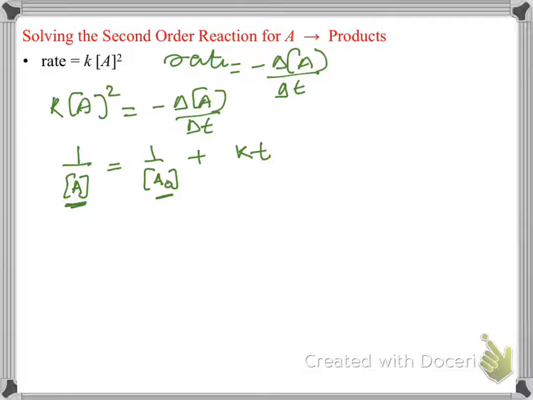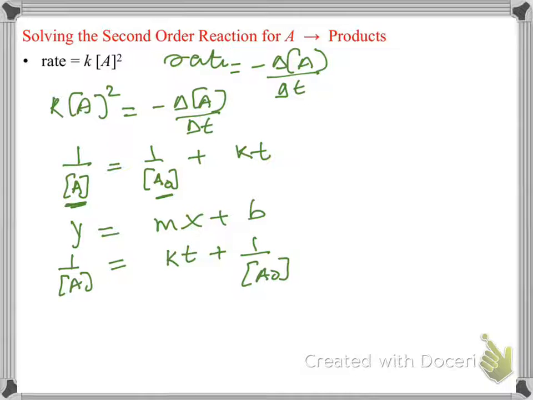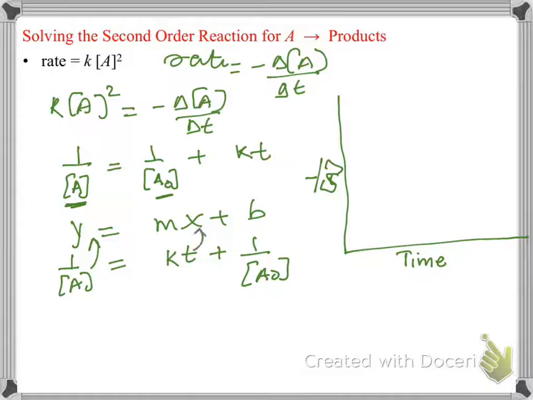If you, in this case, compare it again with the linear equation, that means I should write it like this: 1 over A equals Kt plus 1 over A naught, which means if you're drawing a graph between time and 1 over A, it is not A, 1 over A, here, you're going to have a straight line.